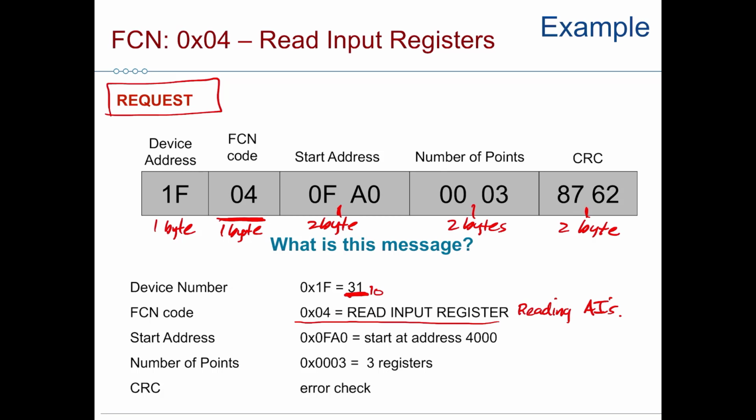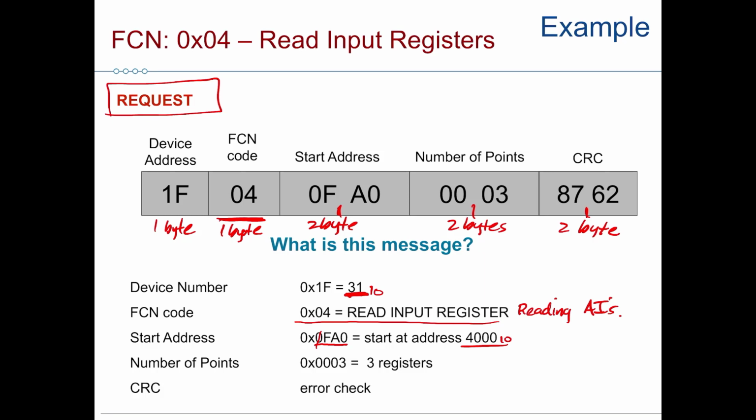What's our start address? Well, it's a 2-byte value we need to consider. So if we put that into our calculator, this is where you put your calculator into hex mode. And of course you can ignore the leading 0 for purposes of number conversion and say FA0, convert to decimal, and you'd get 4,000.